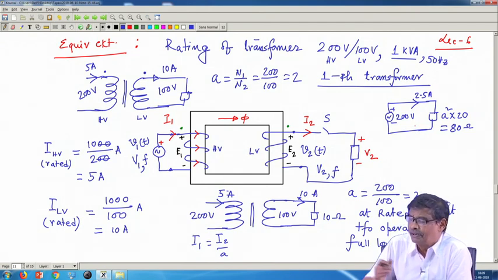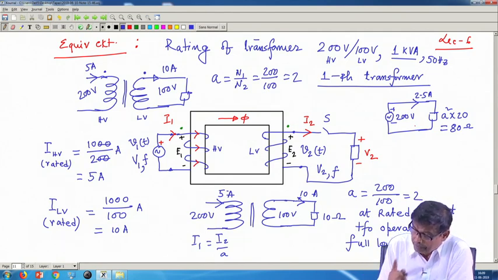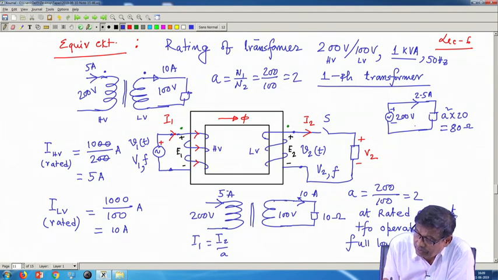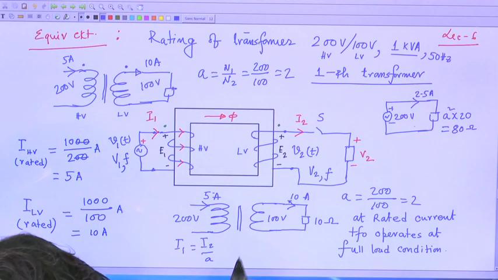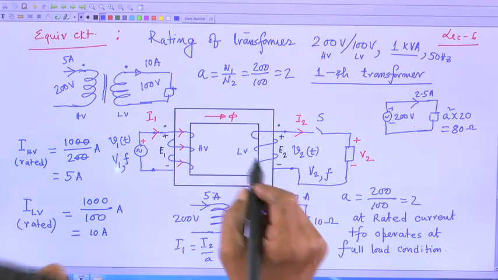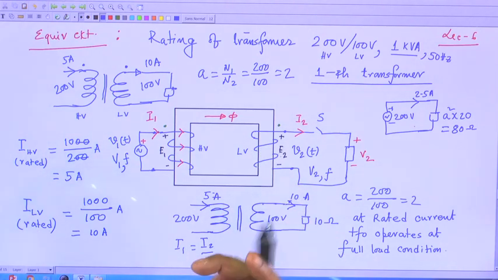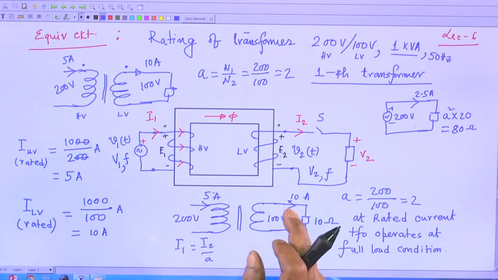Kilovolt ampere is a very practical unit. But what I want to say, while making this coil, you have to use a piece of wire, na, wind it like this. The cross section of this wire, gauge of the wire, is decided by the magnitude of the current.